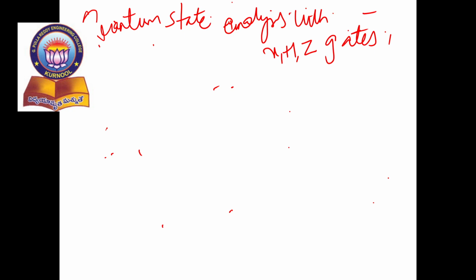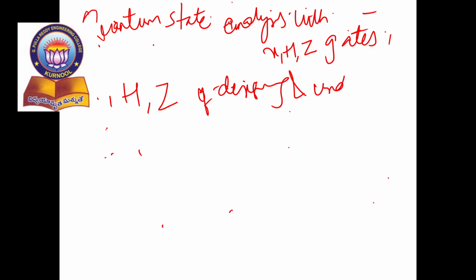So X, H, Z are the fundamental parts, the basic building blocks of designing and understanding a quantum system.